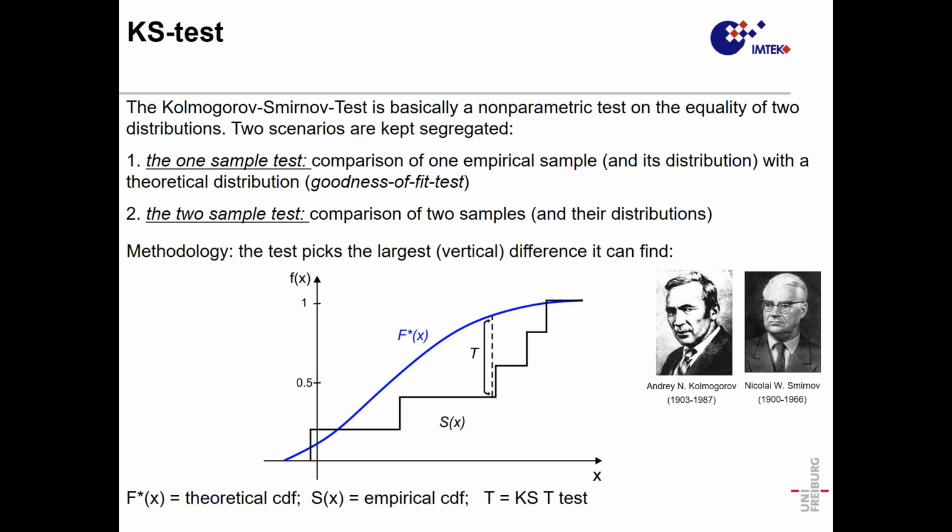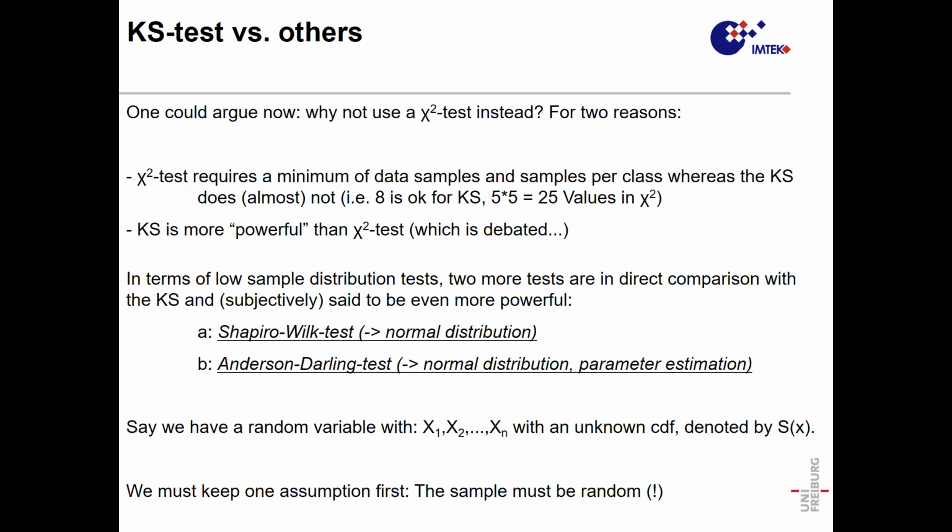This maximal difference follows some kind of distribution, and then we can see if they are statistically different. Basically, we directly compare the empirical with the theoretical distribution, see the maximum difference, and check whether this difference is really significant or not.